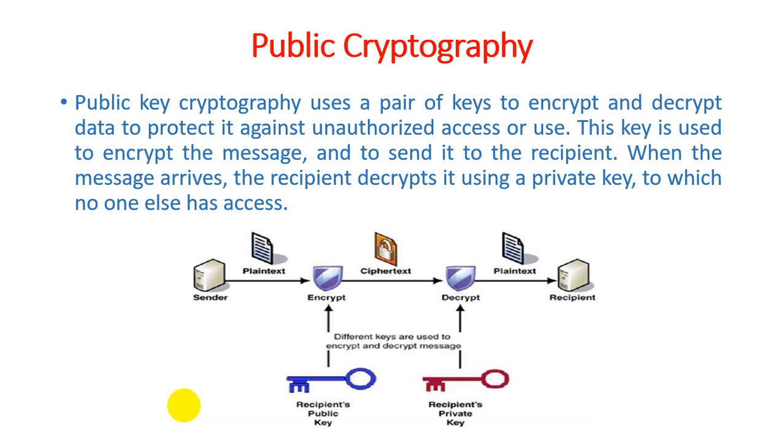Whenever a sender sends a message, first the message is in the form of plain text, the original message. The encryption process happens, and they can select an encryption algorithm which we have seen in our previous lecture. With the help of the public key, they encrypt the message and send the ciphertext to the receiver.